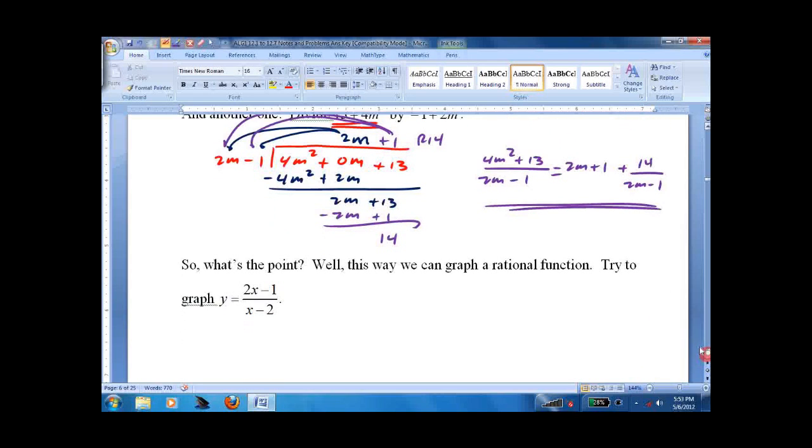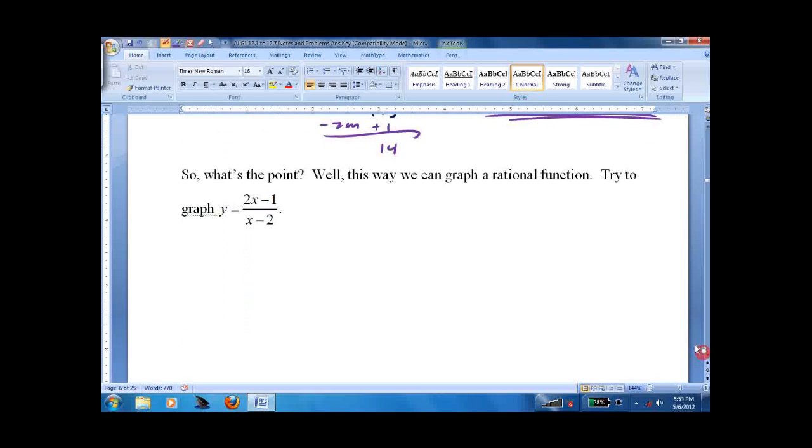So what's the point? Well, there's a lot of things we use what we call long division in polynomials for, but one of them we can do right now is just simple graphing. How do we graph this? Well, use a calculator is the best answer, but it's 2x minus 1 divided by x minus 2. Goes in 2 times.